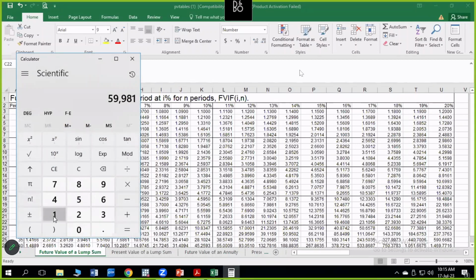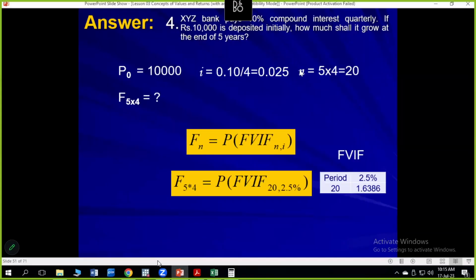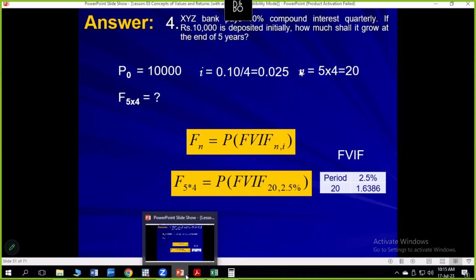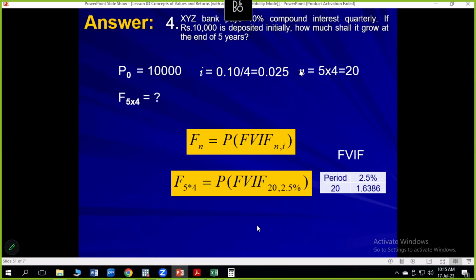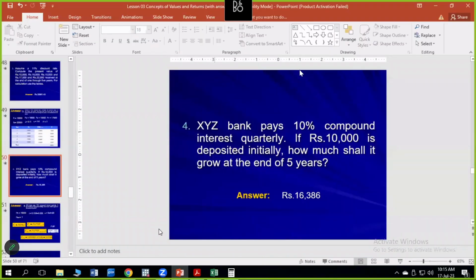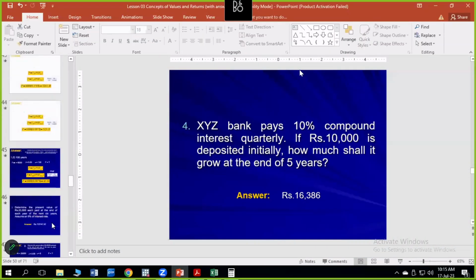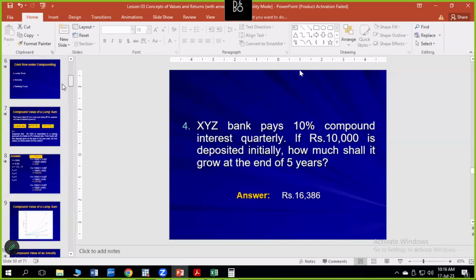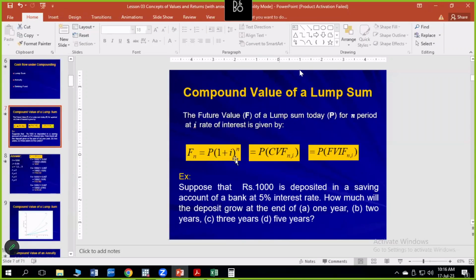So how can you do the calculations? So 1 plus, you can do that, the basic formula: 1 plus i to the power n. As you have learned earlier in the very first session, this is the factor you want to have.